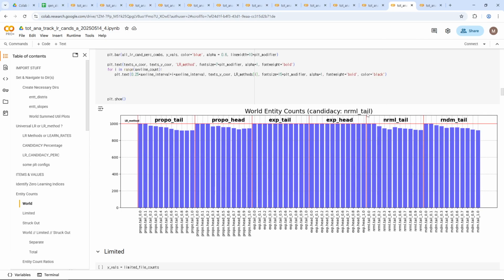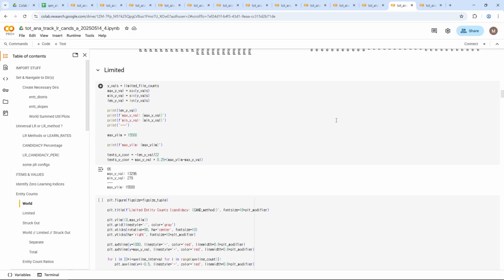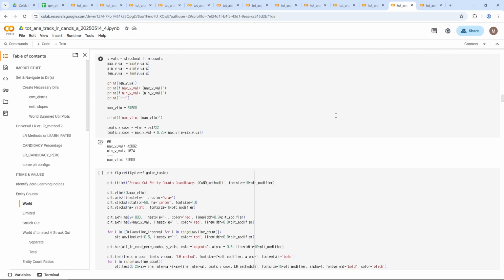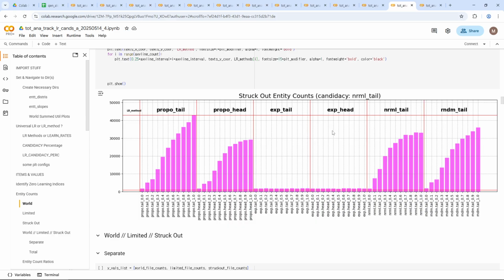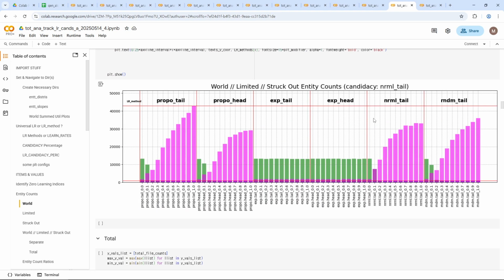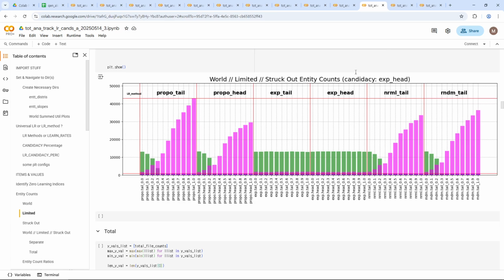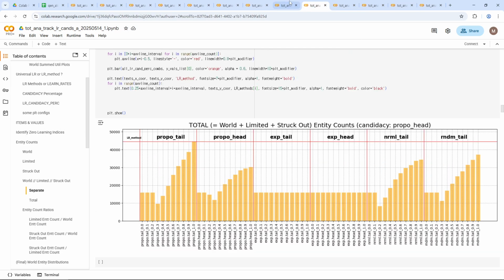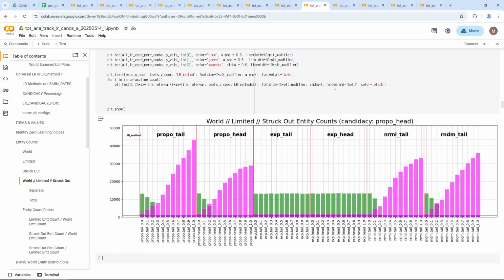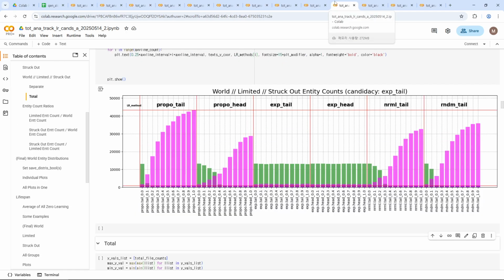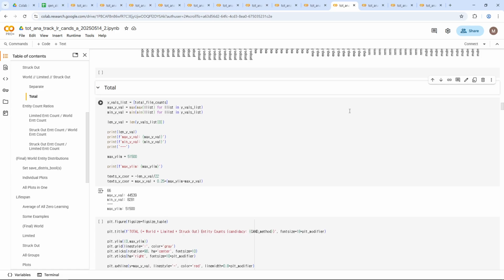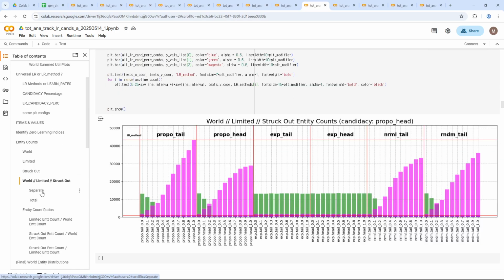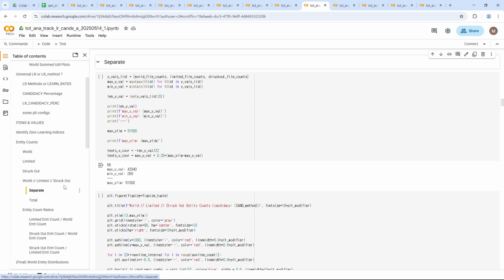Okay, normal distribution, candidacy follows a normal distribution, still the same, okay, so very similar. Separate.